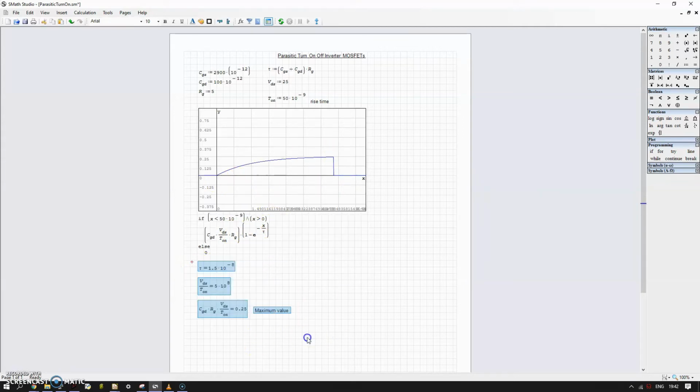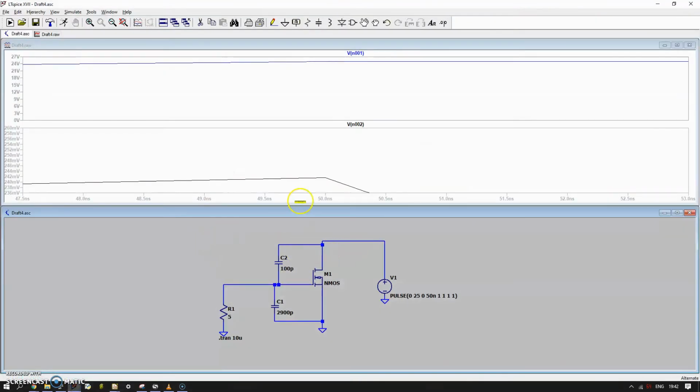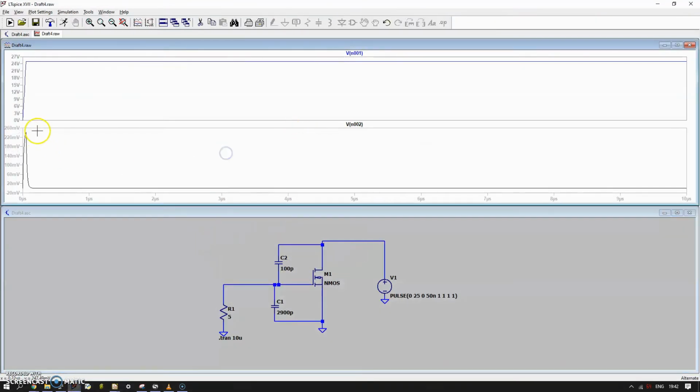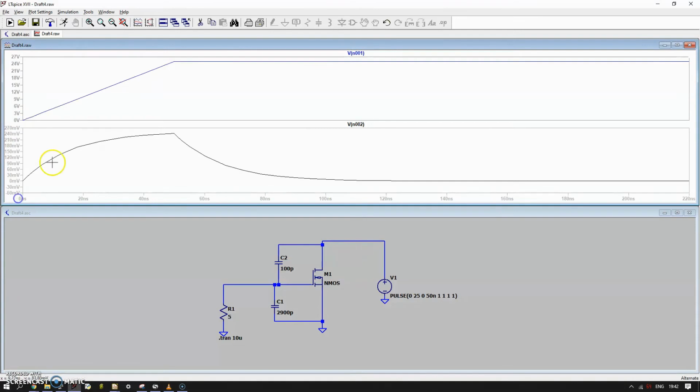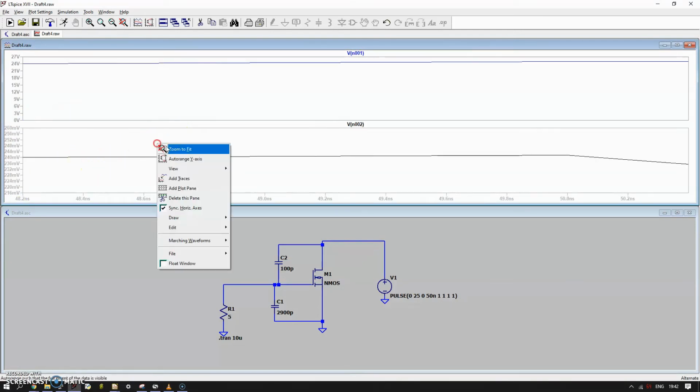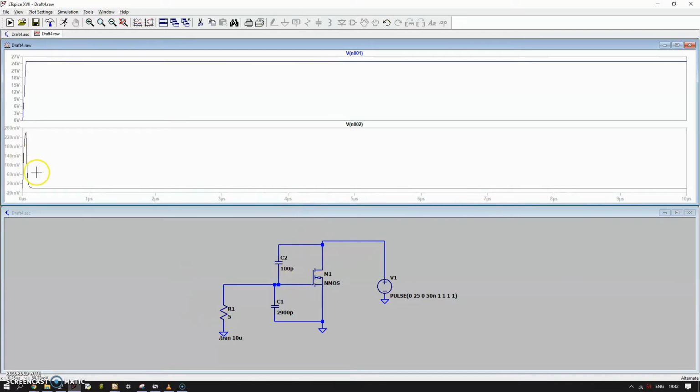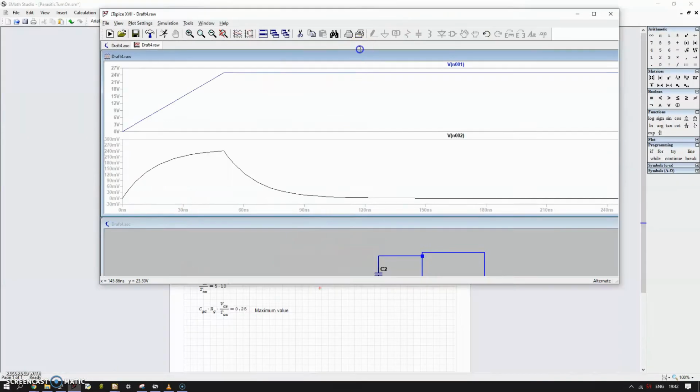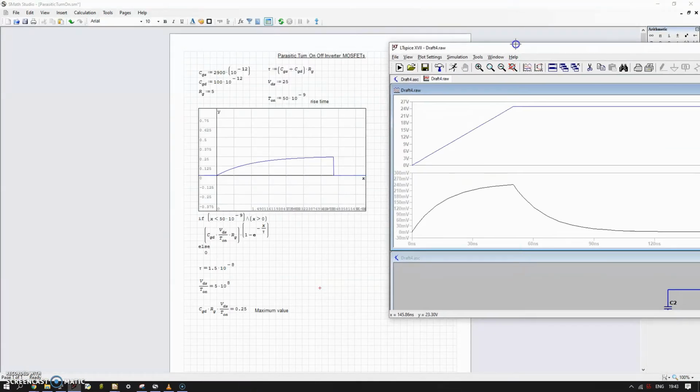And then there are a couple of things just out of interest, to see how large the DVDT is and what the maximum value is that we're going to get. As you can see, it goes up to 0.25, and that is pretty much in line with what we saw here. It's not quite there, so there's probably some things that we're not quite modelling, but I would say that that's pretty close.